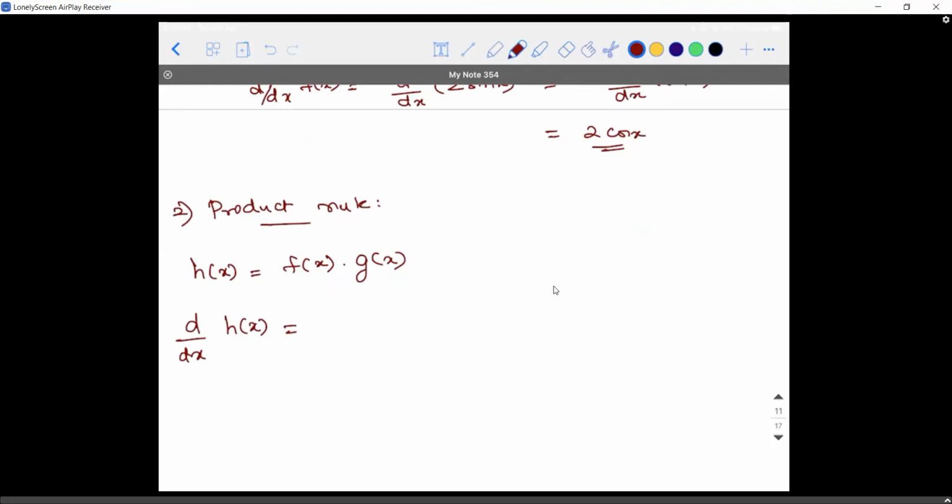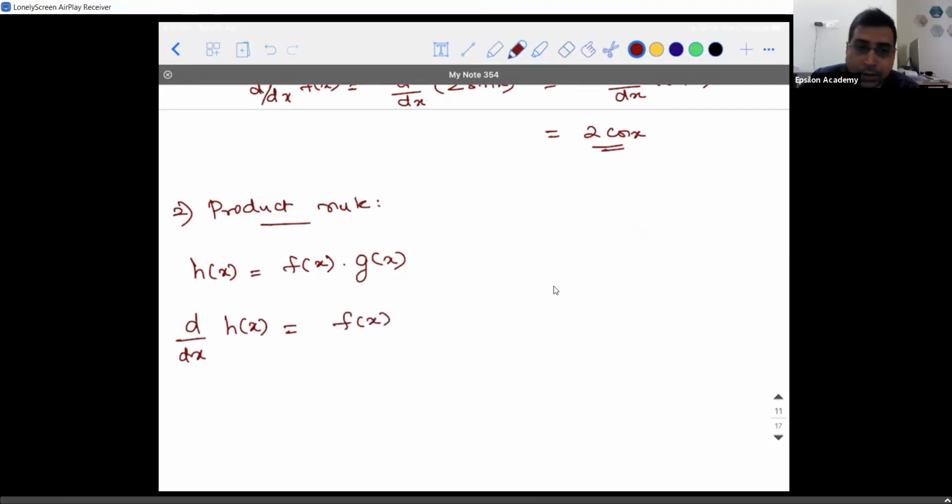Okay. So you're asking for product rule. Do you know what is the answer for this? Sir, differentiation of f multiplied by g and differentiation of g multiplied by f. That's right. So f of x into d by dx of g of x plus g of x into d by dx of f of x.